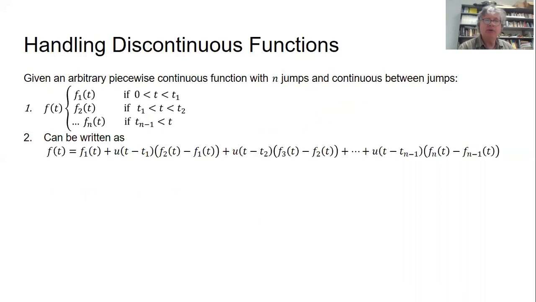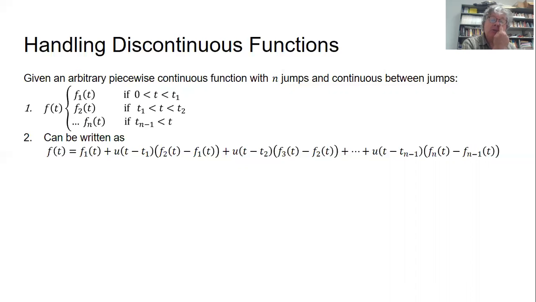So given an arbitrary piecewise continuous function with n jumps, and we assume it's continuous between the jumps, that's a typical way that you have a piecewise defined function, right? You have an interval, and you have a different function on each interval. And so you just write it as a single expression where it starts off being f1 of t, and then at time t1, we replace f1 by f2.